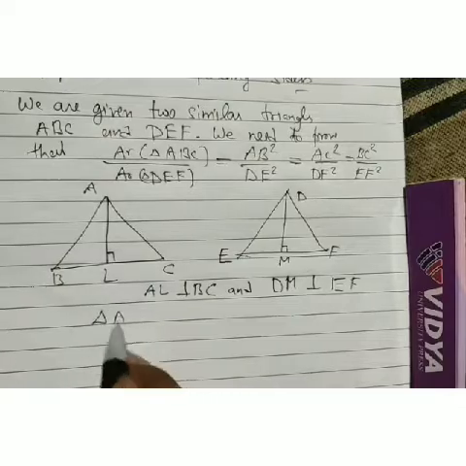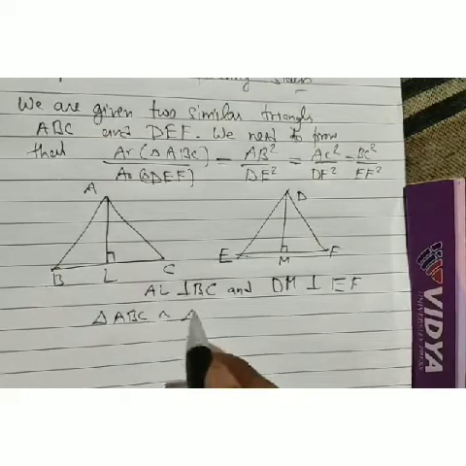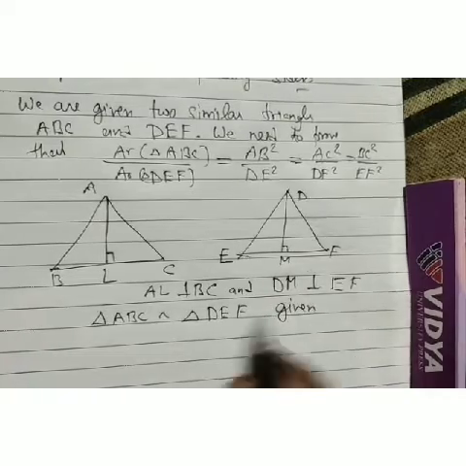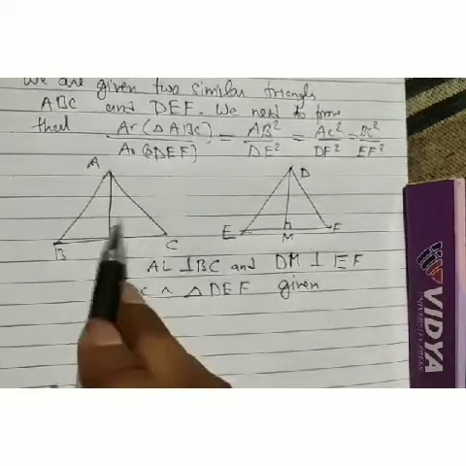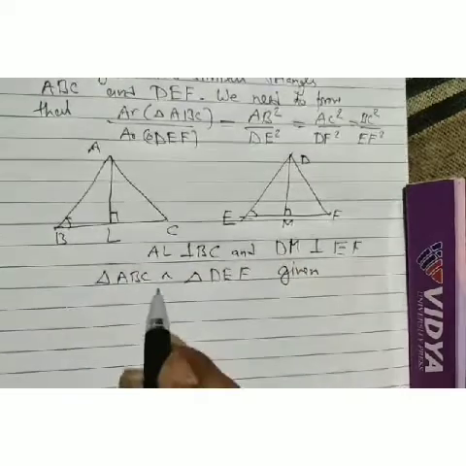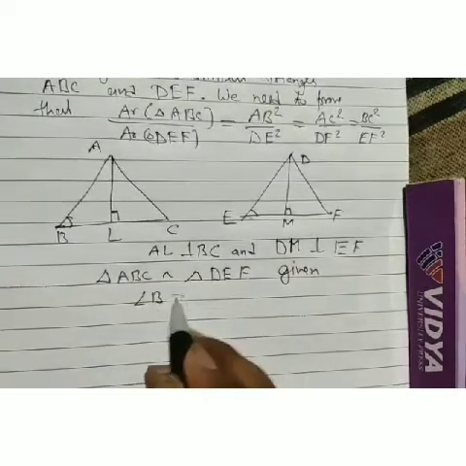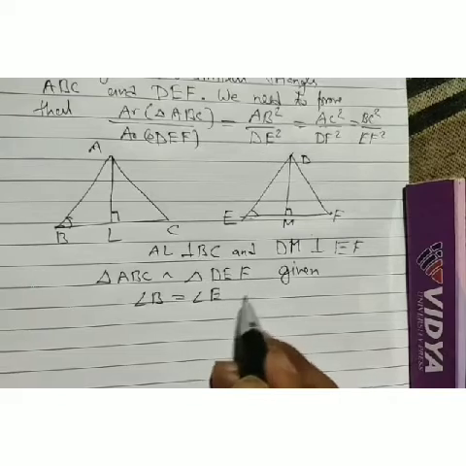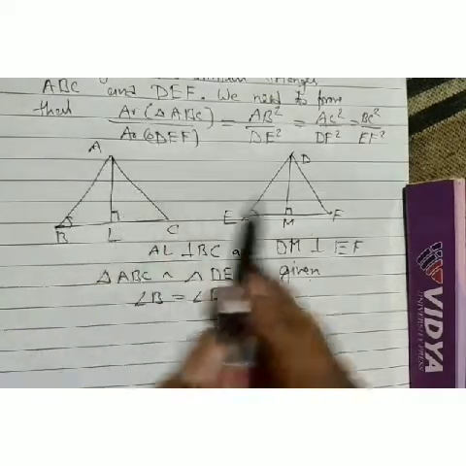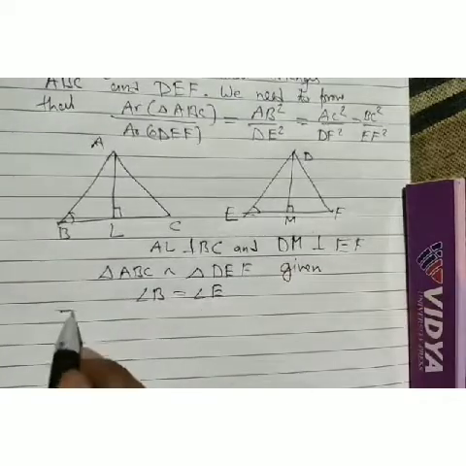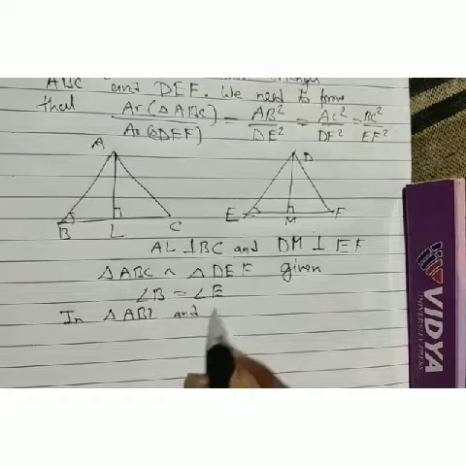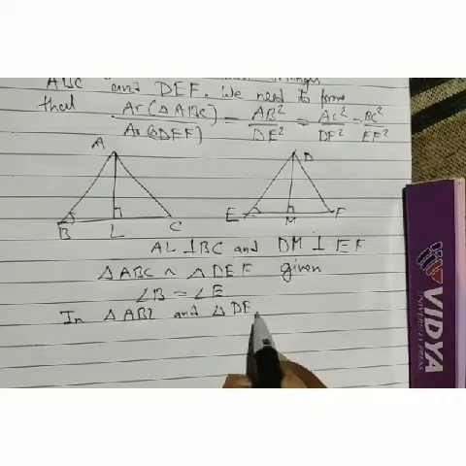Now we are given that triangle ABC is similar to triangle DEF. Since these triangles are similar, the corresponding angles are equal, so angle B equals angle E. Now we take triangle ABL and triangle DEM.